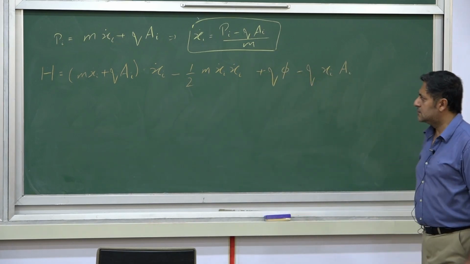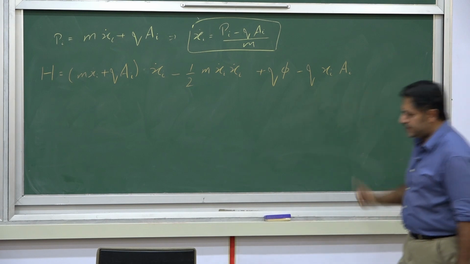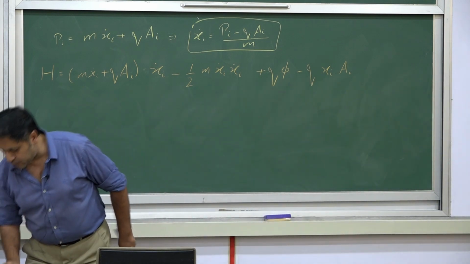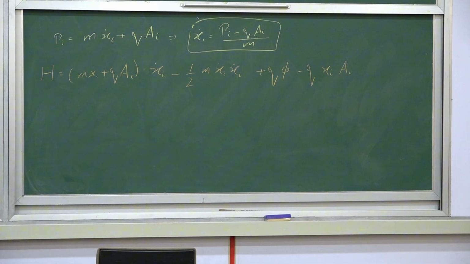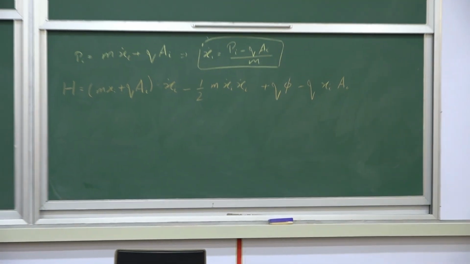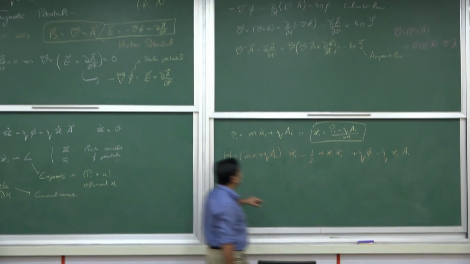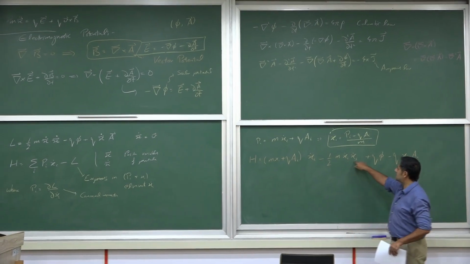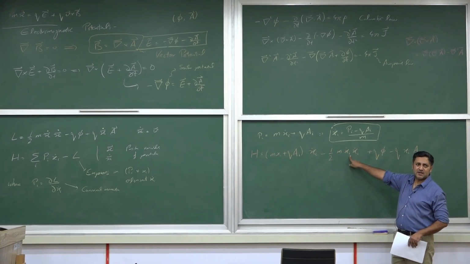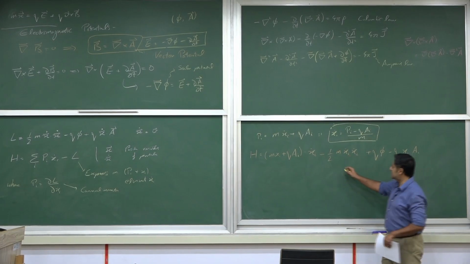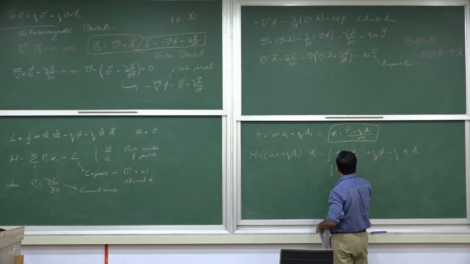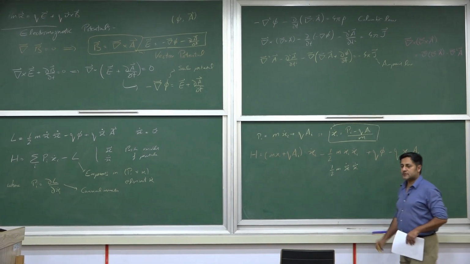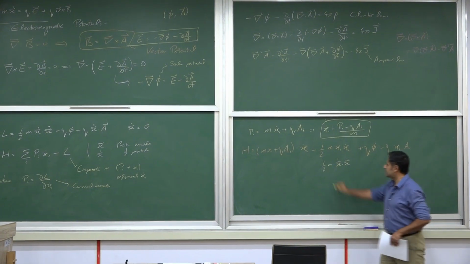So maybe just see what I did. Maybe I should have mentioned one more word for the uninitiated. When I write something like this, I am always assuming a summation. So this is essentially this dot product, not exactly this dot product.